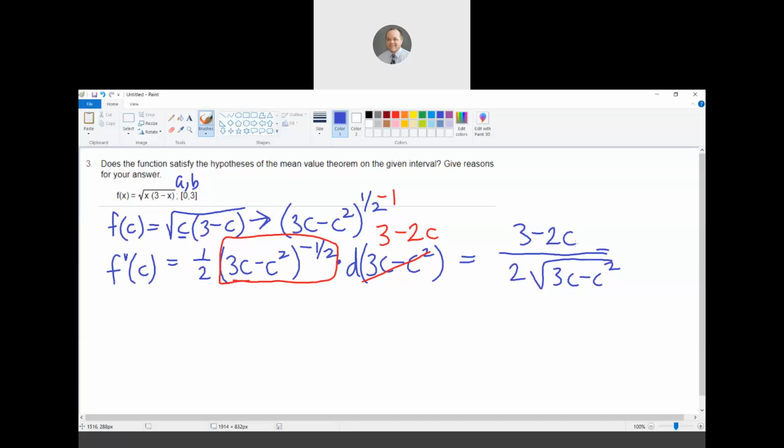Now let's find f of b and f of a. b will be 3. And we'll just plug in our original function. Everywhere we see an x, we'll plug in 3. And that actually goes to 0.